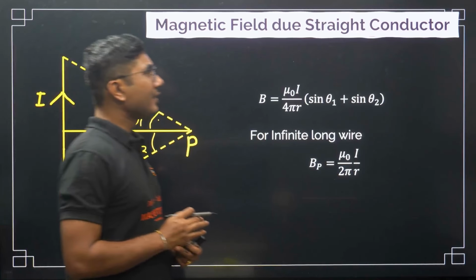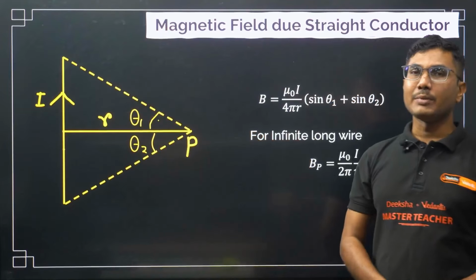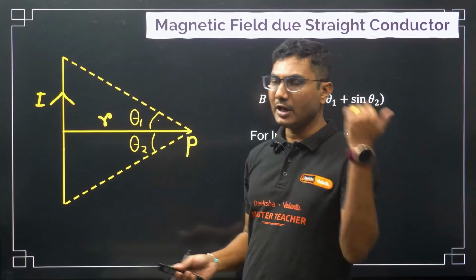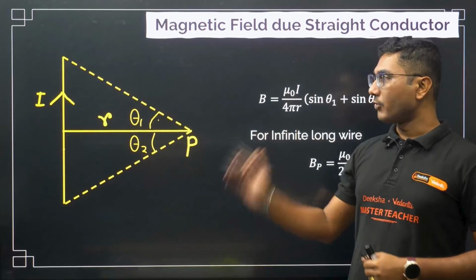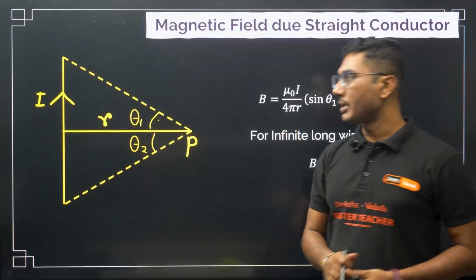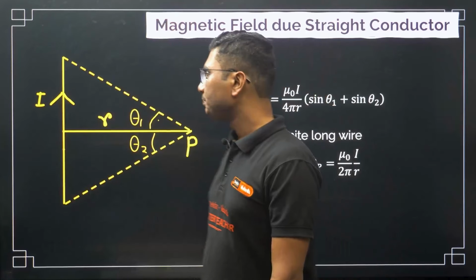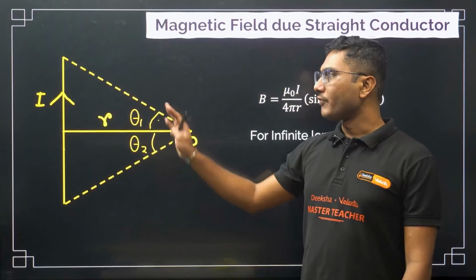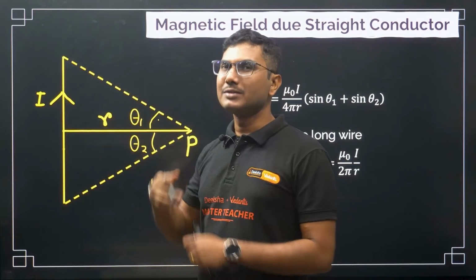Now, magnetic field due to a straight conductor. It can be derived using Biot-Savart's law, but we will do this derivation once we learn Ampere's circuital law in the next class. For now, the formula you have to remember is this: suppose you have a very long, infinitely long current carrying wire, or a finite current carrying wire, so the wire is long but not infinite.